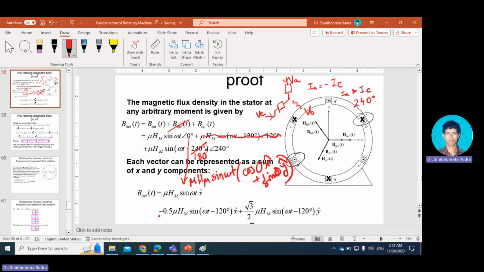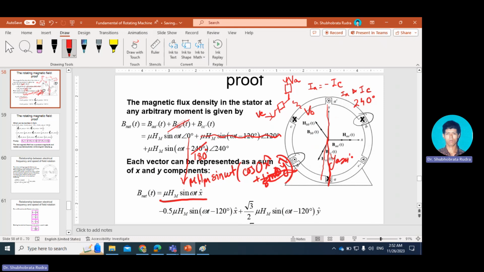Right. So when this part becomes absent, that is why you get mu hm sine omega t x cap, and that has to be the case because this is completely aligned with your y axis.